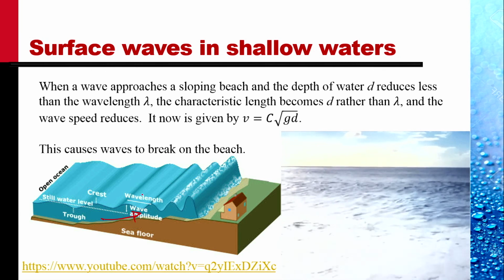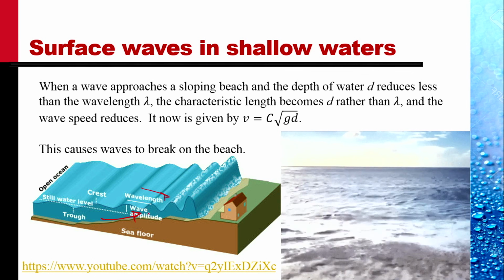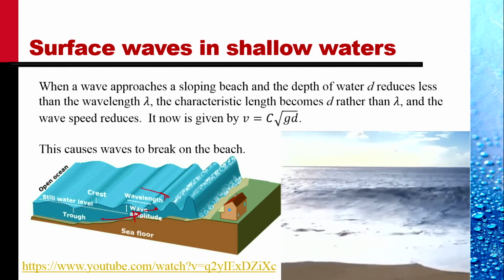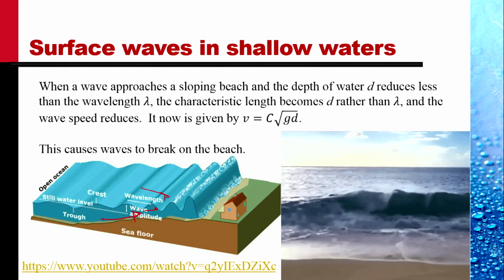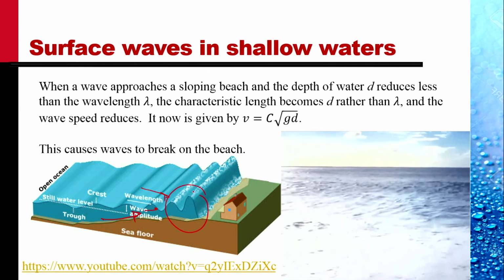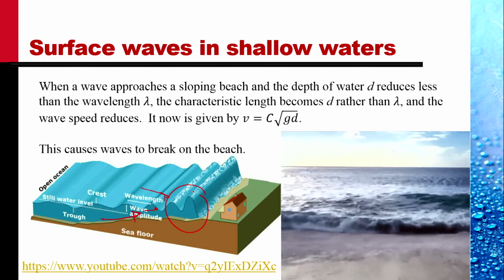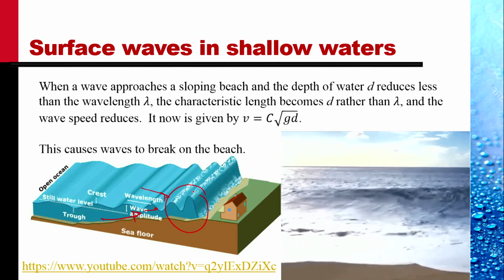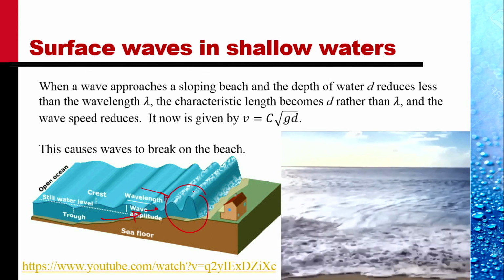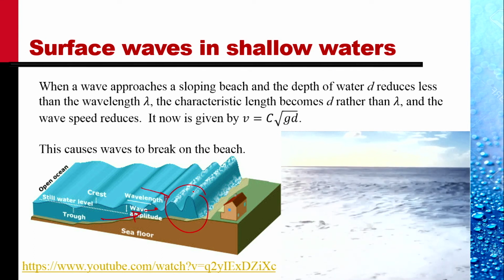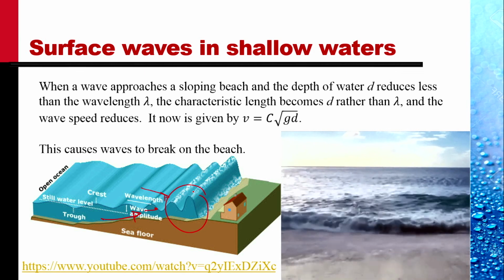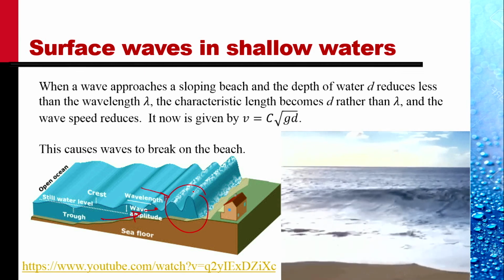The wave velocity on the top is larger than the wave velocity at the bottom. So there is a bunching of the liquid and the waves rise, causing the phenomenon of breaking of waves on the beach. In fact, tsunamis, which can have wave heights of a few meters, are caused by this phenomenon.